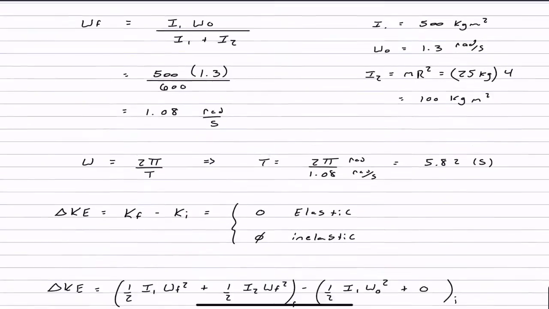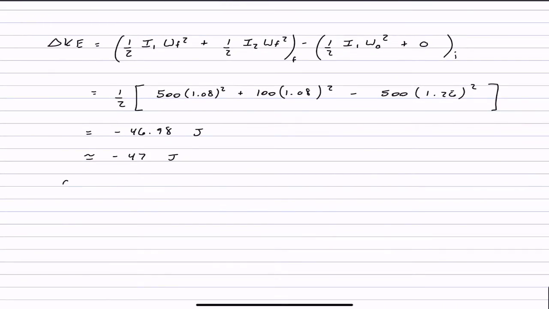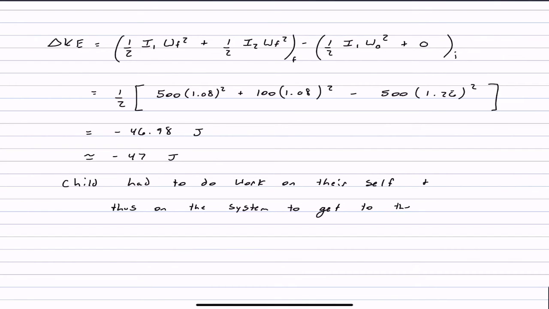So the child had to do work on themselves, and thus on the system, to get out to the edge, right? So that's, I think, as detailed as we can really get here.